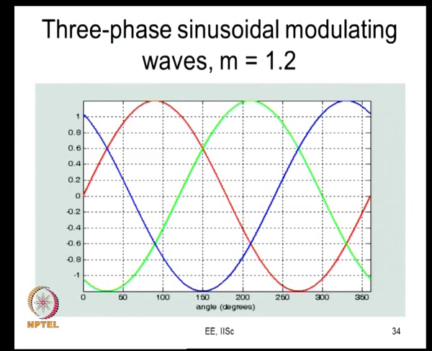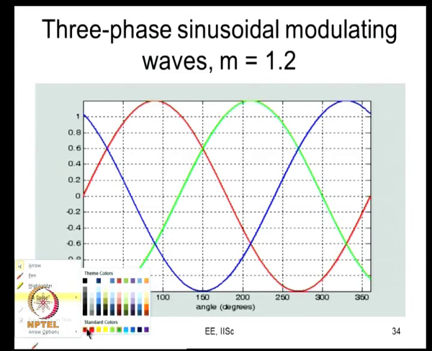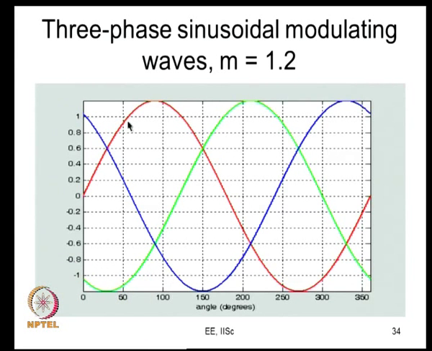So, when I have taken 1.2, what happens here, R phase goes above the signal peak value. Let me just draw some lines there. So where does R phase go above the peak? So, in this region R phase is above, so in this region you can see partly this Y phase is also lower than -1.